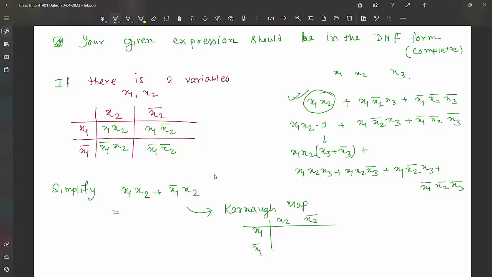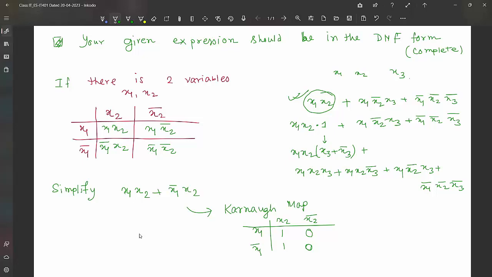Now here x1 x2 is present, so put here 1, and x1 x2 bar is not present, put here 0. x1 bar x2 is there, so put here 1, and x1 bar x2 bar is not there, so put here 0. So this is the Karnaugh map of this expression.